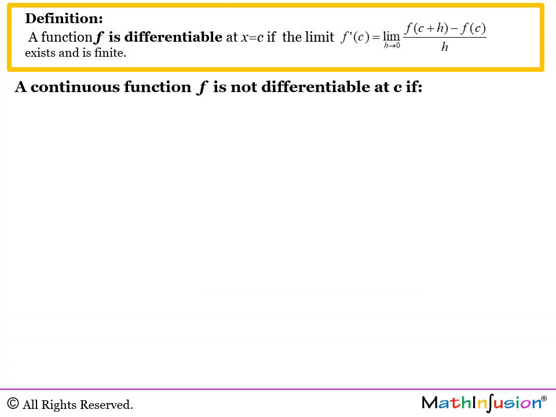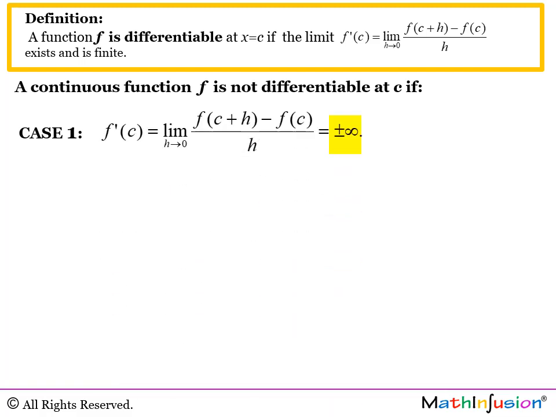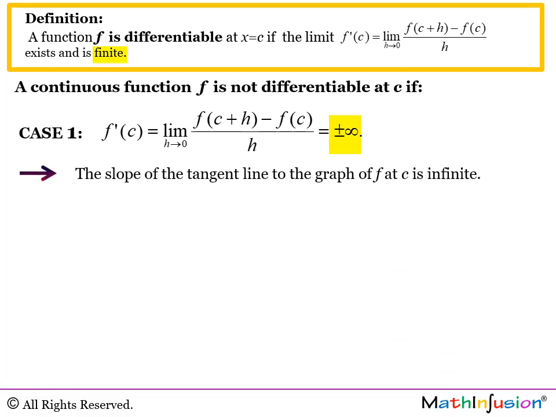We can conclude from here that if a function is continuous and not differentiable, then something is wrong with those two conditions of this limit to exist or to be finite. In case 1, it is possible that this is infinite. But this also means that the slope of the function at x equals c is vertical.